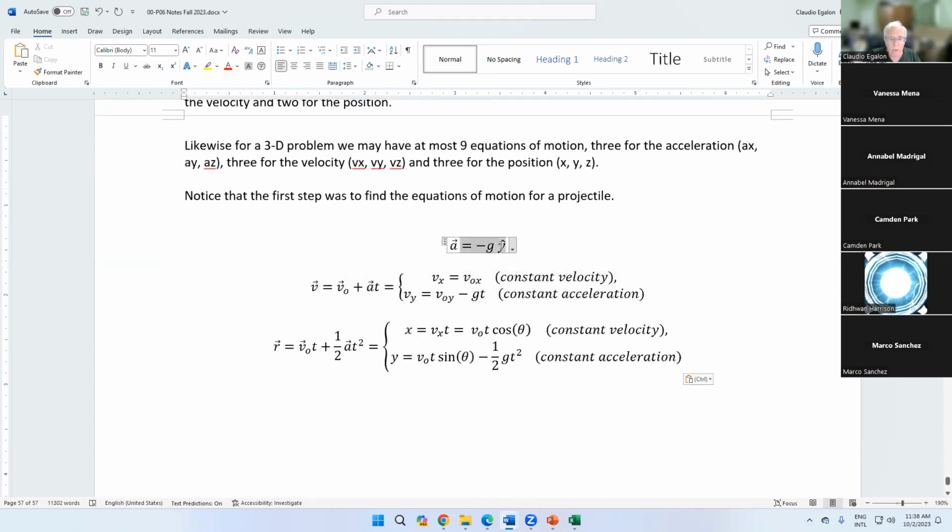Here you go. This vector is constant, and I'm going to put a vector symbol on this.